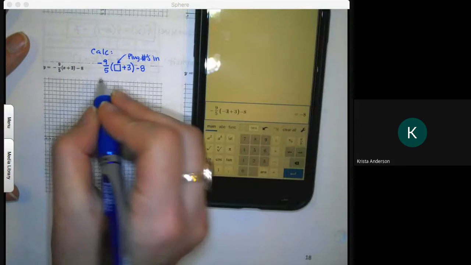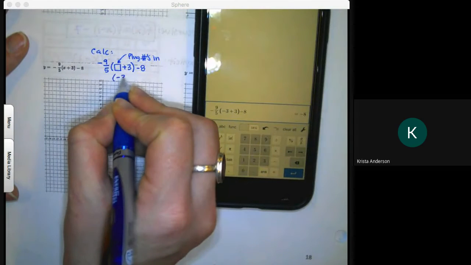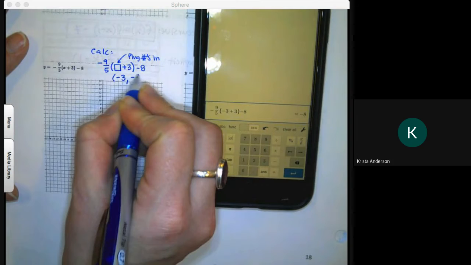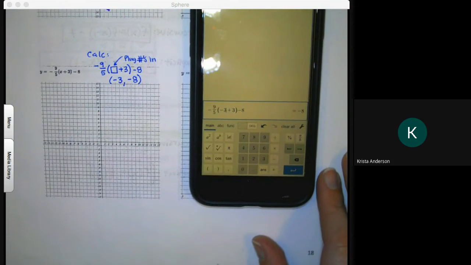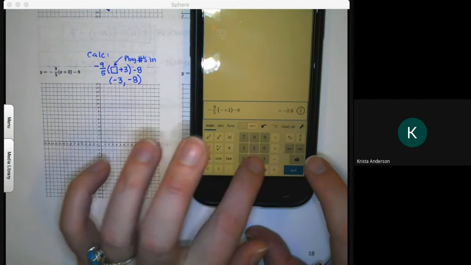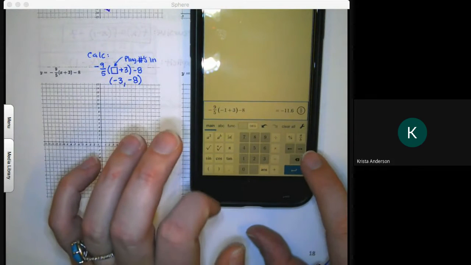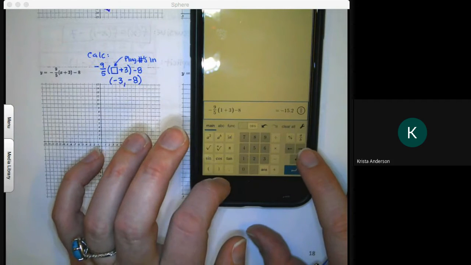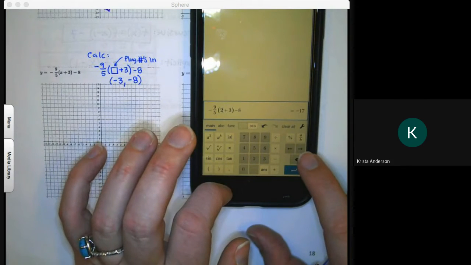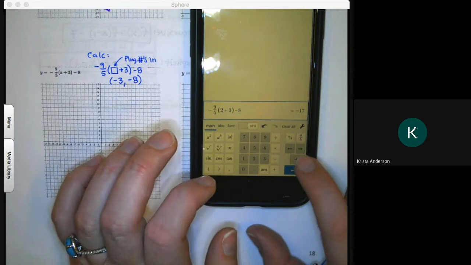Let's see. -3 is at -8. Then -2, -1, 0, 1, 2, and that was too big again, so I need to go the opposite direction.